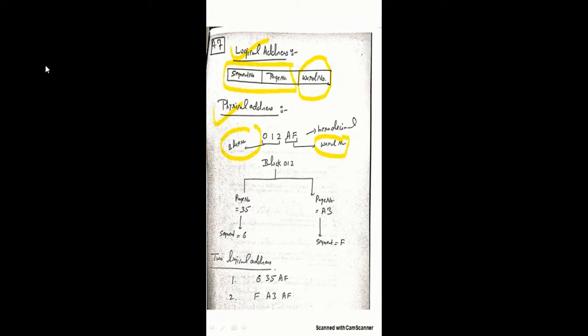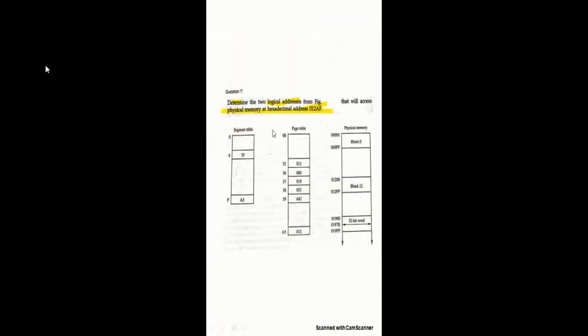Now you see here, he has given the physical address. As in the previous slide, the physical address is 012AF. What you will do is, the first bits are for the block and the remaining bits are for the word. So I take this block 012.